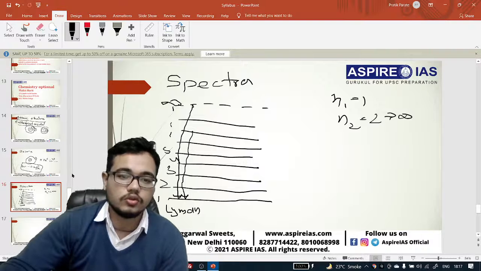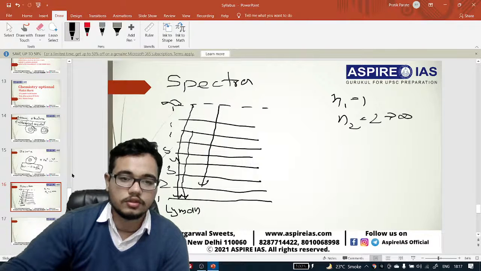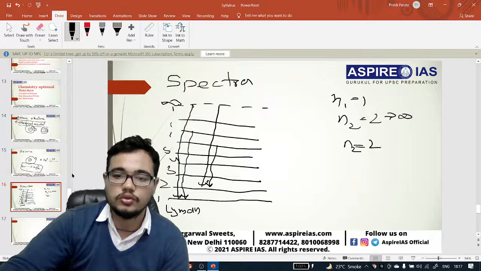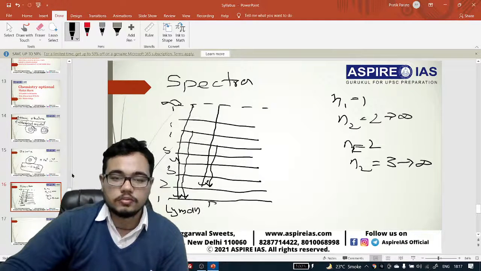The second one belongs to the Balmer series. The Balmer series goes from infinity till an energy level of 2. So n1 will be equal to 2 and n2 will be equal to 3 to infinity.